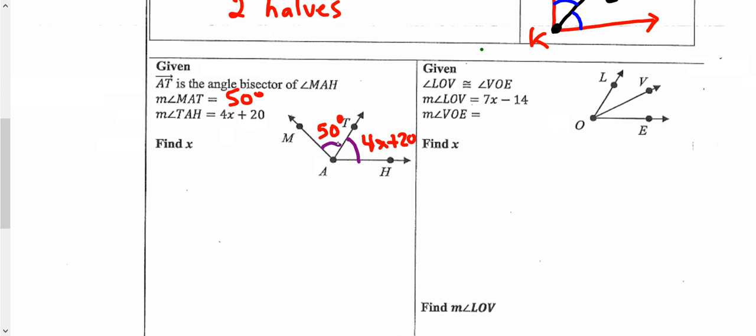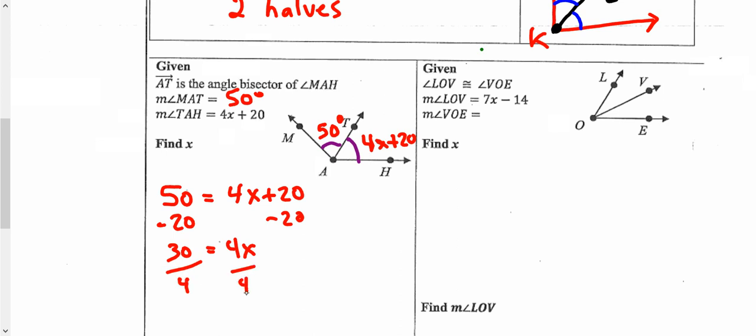So if this is equal to 50 degrees, let's go ahead then and set these equal to each other. So we'll say 50 is equal to 4x plus 20. So I'll go ahead and subtract the 20, and I'll get 30 equals 4x. We'll divide both sides by 4 to isolate that x.